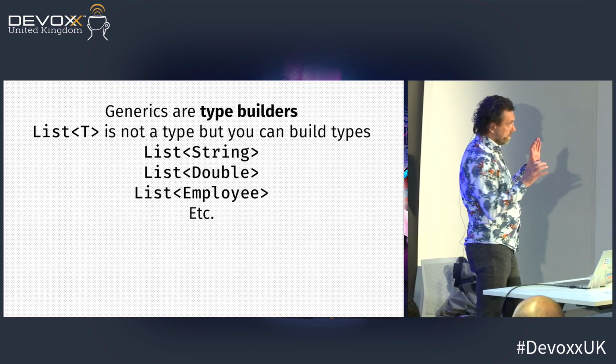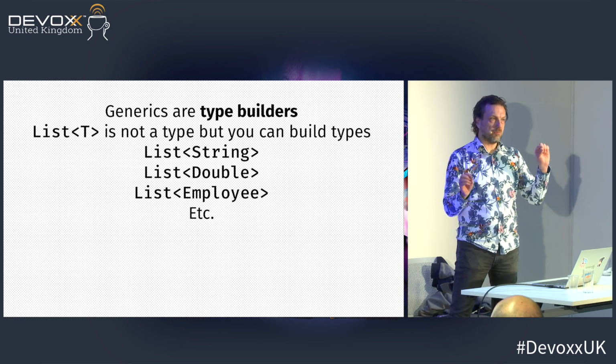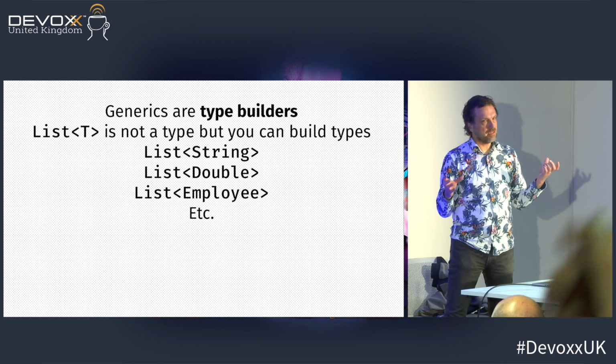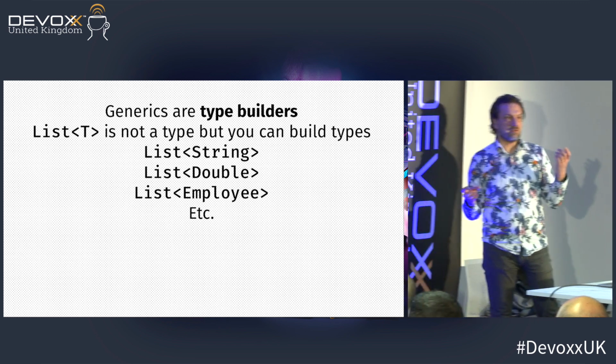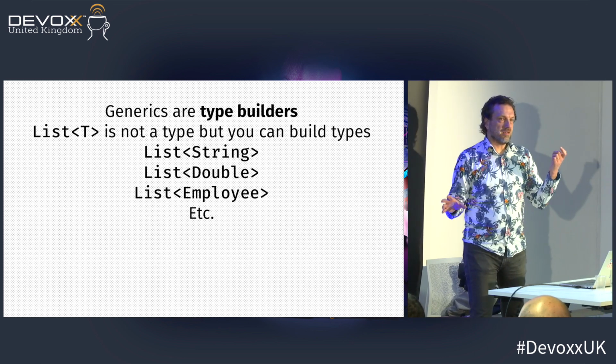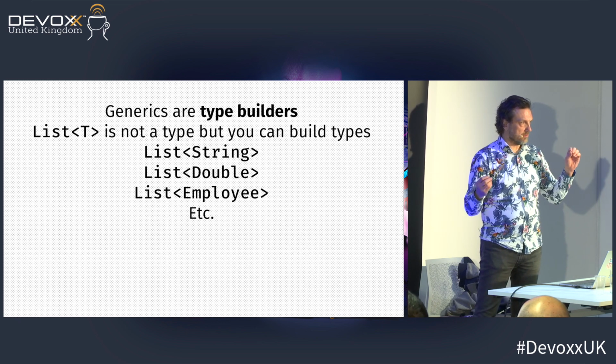But you can already probably see that there is some relation between a string and a list of strings. They are not the same thing, but they have many things in common that a list of integers doesn't have, for example. So there is a kind of relation.